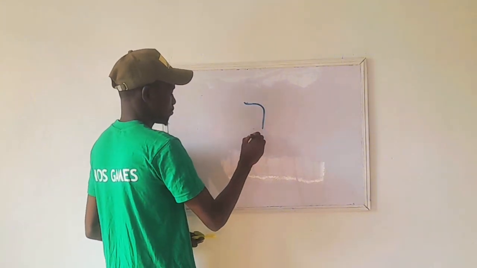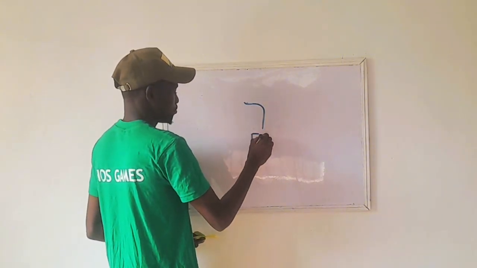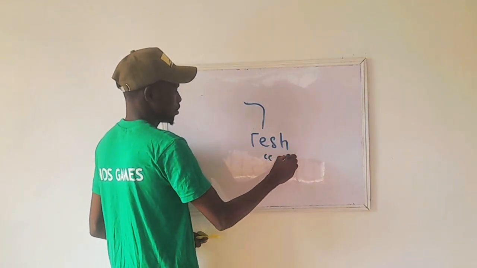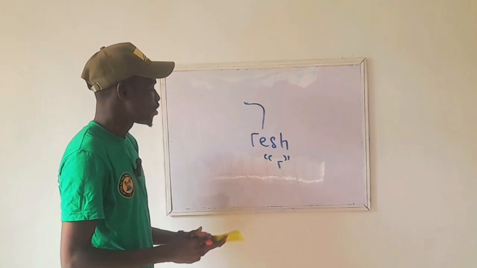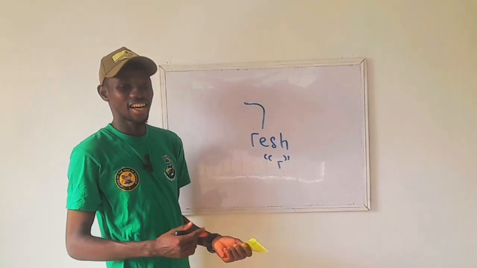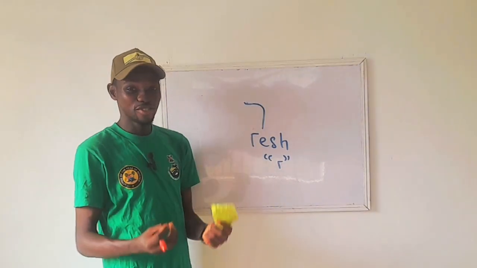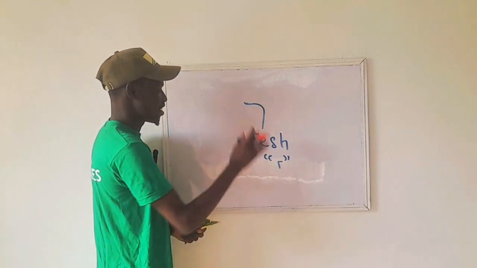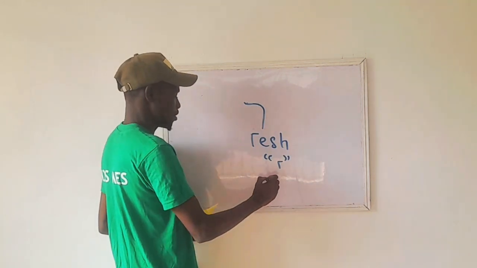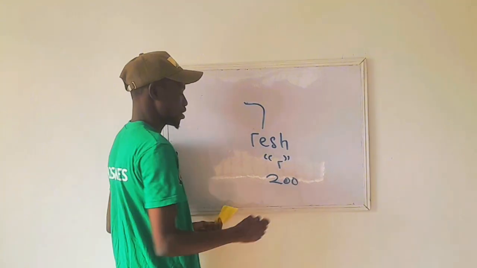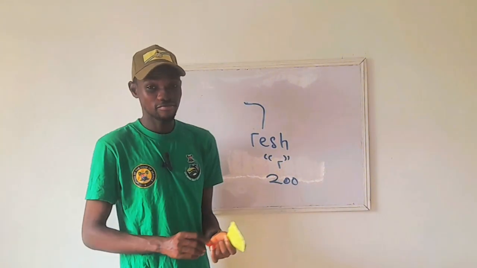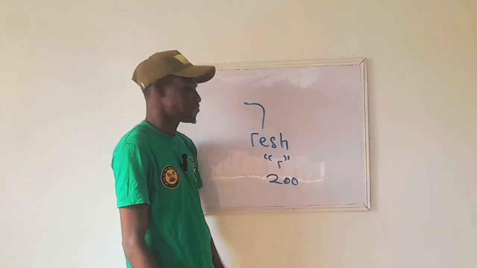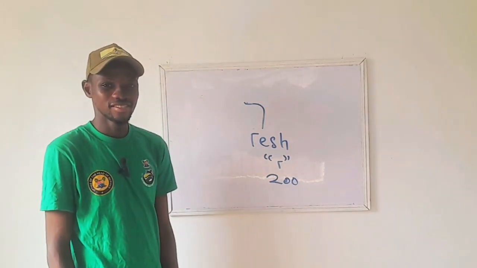All right, and this is Resh. So it's not like your English R, but facing the other side. And you know, the font you are using to read can give it a different kind of shape. But this is how Resh looks like. And Resh is 200. The numerical value is 200. Resh. All right.